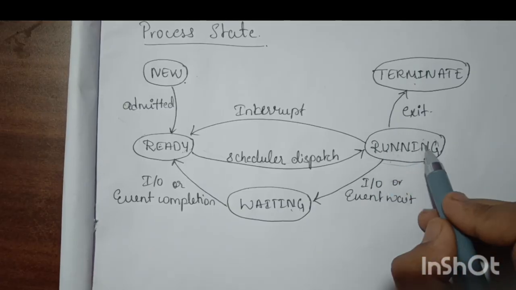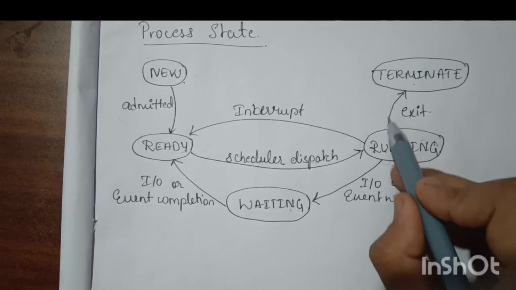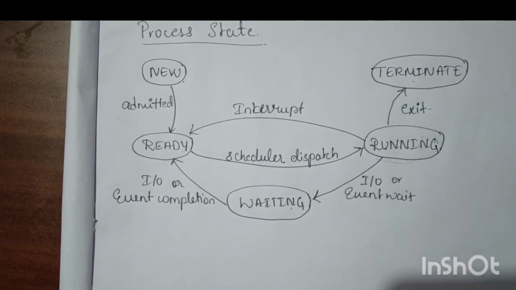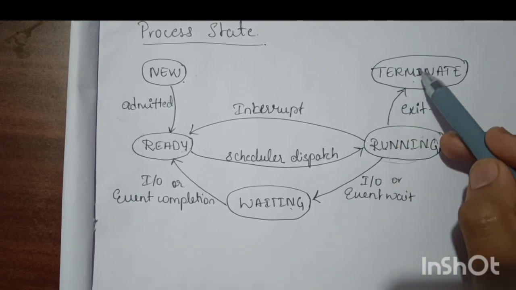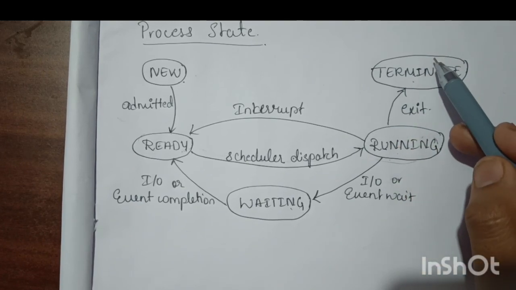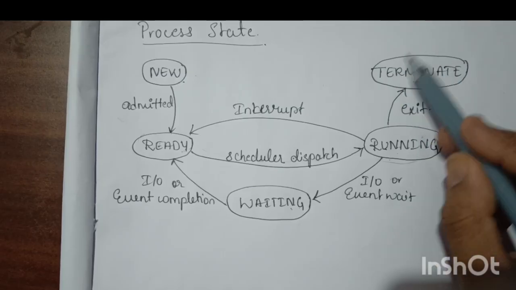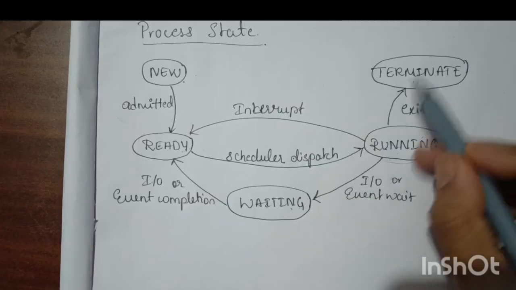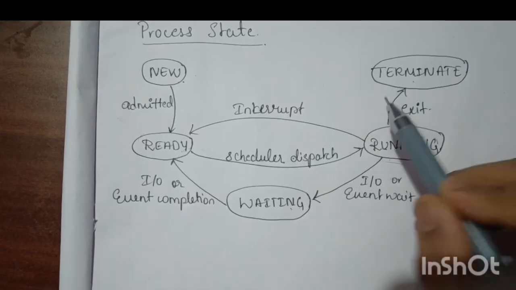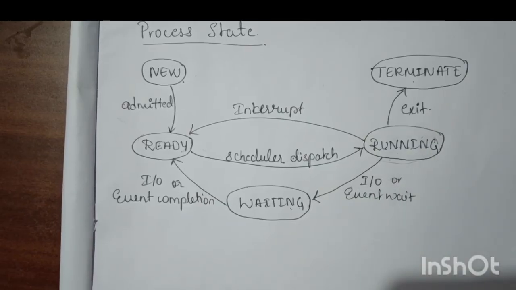Then I wrote all the exams. At the end, I got my results. I have been terminated, in the sense that I have come out of that particular semester. I'm done with that semester. So I'll be terminated, that means I'll exit from that semester and go to the next semester.